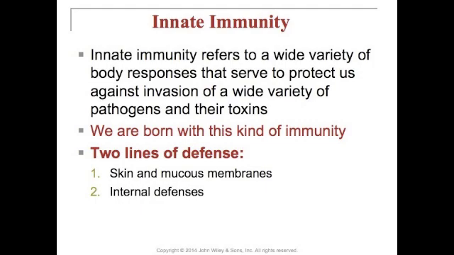So the innate immunity includes the external physical and chemical barriers provided by the skin and mucous membranes. It also includes various internal defenses such as antimicrobial substances, natural killer cells, phagocytes, inflammation, and fever.